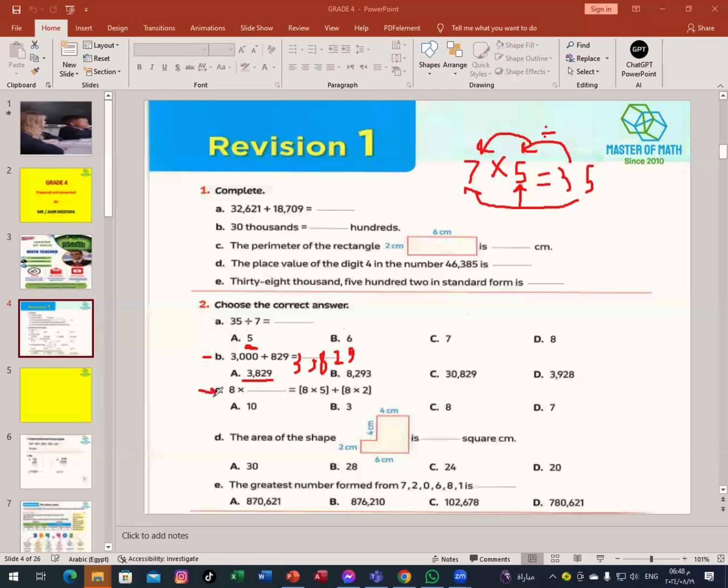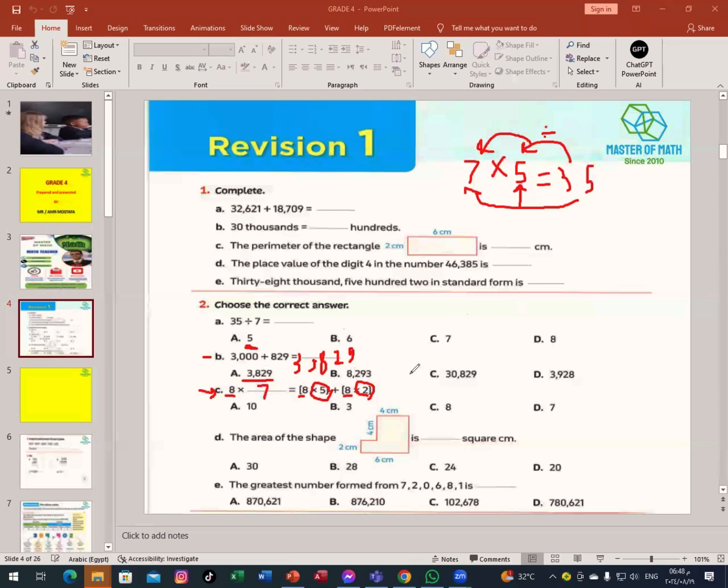Number C, 8 times blank equal 8 times 5 plus 8 times 2. We have 8 as a constant. It repeats here and here. 5 and 2, I will add them: 5 plus 2 is 7.